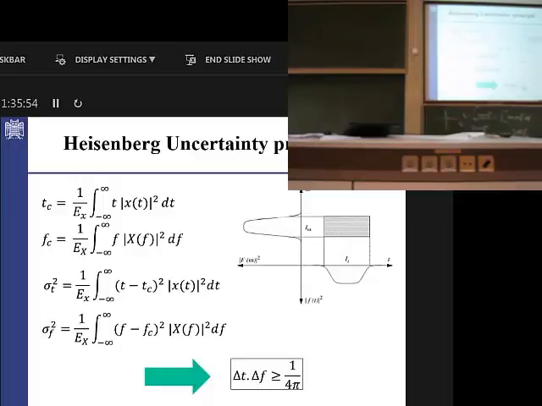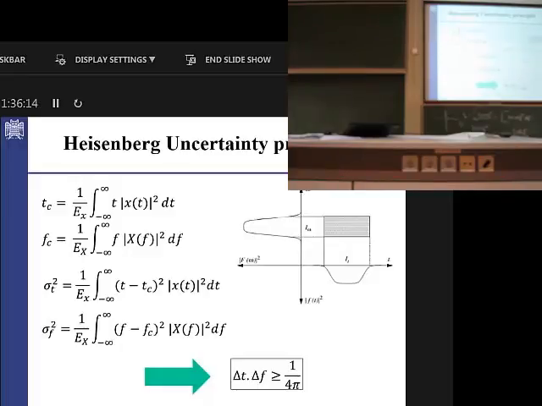And this minimum holds for just a certain function, a certain kind of kernel that can hold this equality. But in all the other cases, there is an inequality.